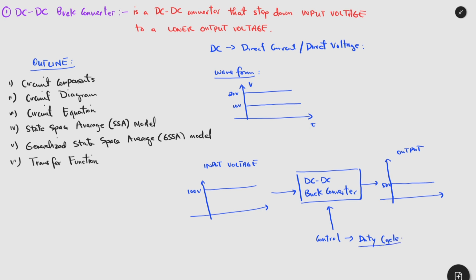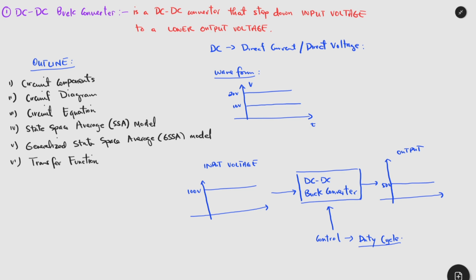So controlling the duty cycle will correspond to the decrease of the output voltage with respect to the input voltage. In simple terms, a DC to DC buck converter steps down the input voltage to a lower output voltage.